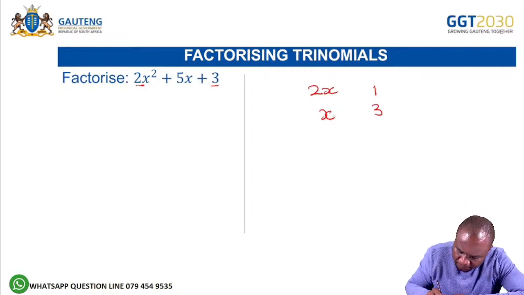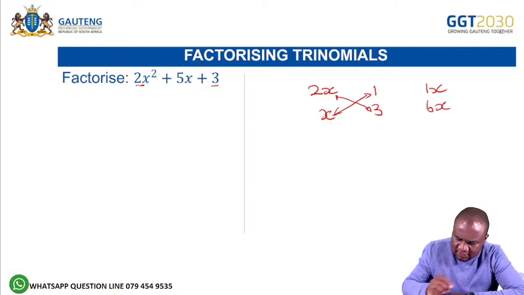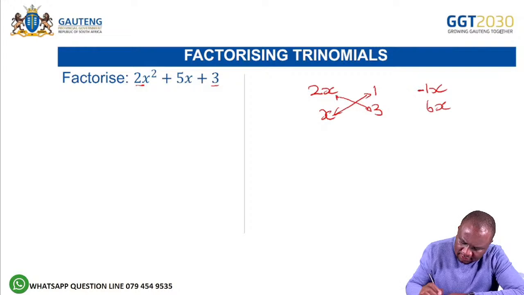Right. If I say 1 times x, I get 1x. If I say 2x times 3, I get 6x. Okay, I cannot get a positive 5 here, but I can get a positive 5 if this is negative x.